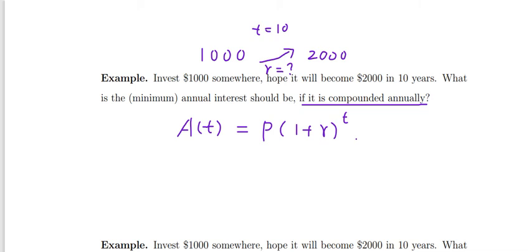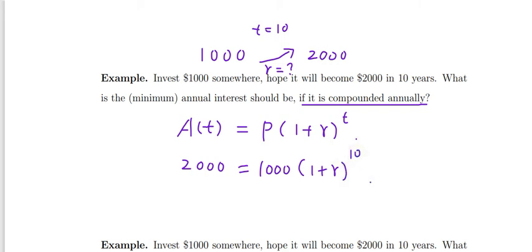Here the principal P equals 1,000 and t equals 10, and we hope this becomes 2,000. Okay, and (1 + r) raised to the 10th power.